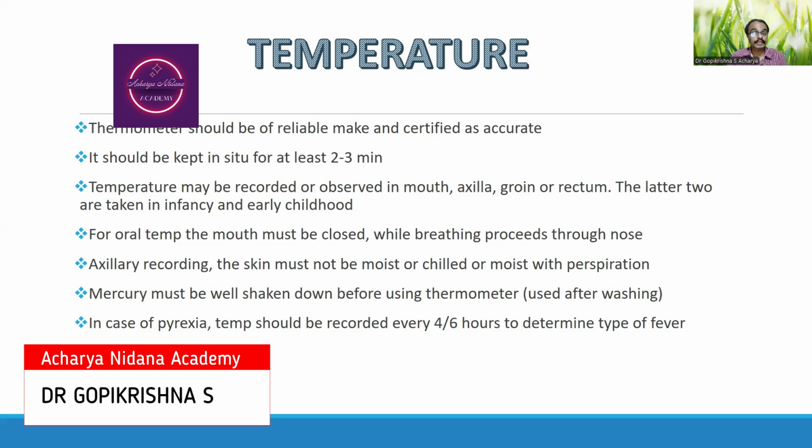To know the type of pyrexia, the temperature should be recorded every 4 to 6 hours to determine the type of fever. These are the rules to be followed while recording the temperature by clinical thermometer.